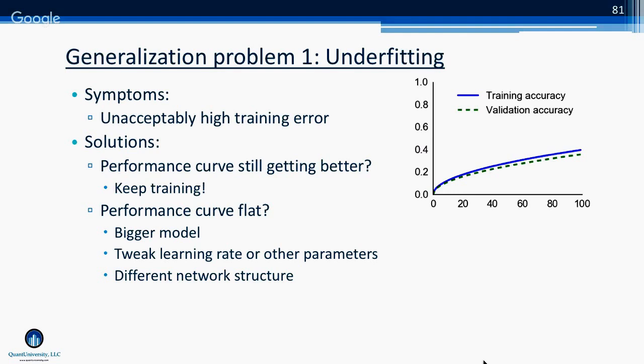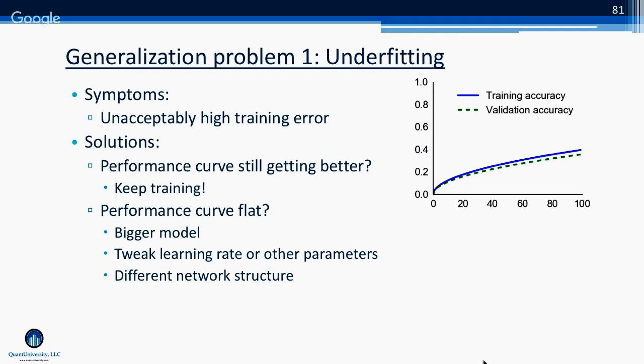So then, fine, I'm not happy. And so what do we do? Again, you'll get more of an intuition as we play with it if you haven't done machine learning before. But basically, if the network's still getting better on the training data, then just keep training. And if it's not getting better, then you get into more complicated things.